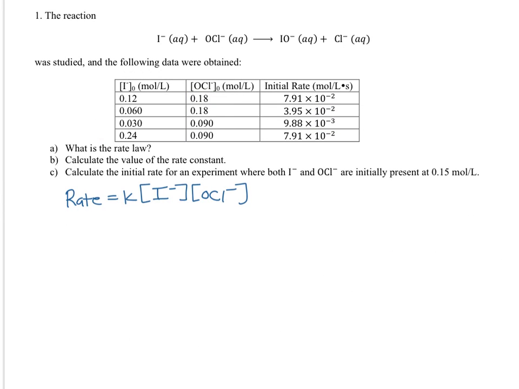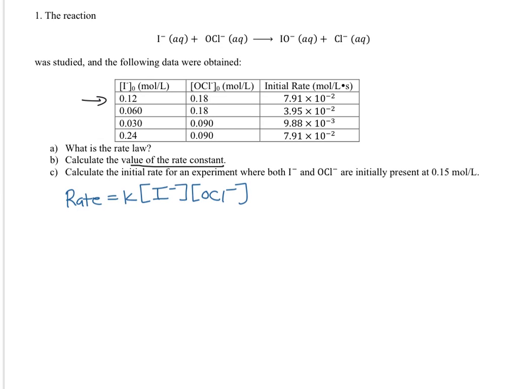Now that we know the rate law, answering the remaining questions is a piece of cake. Now we just have to find the value of the rate constant. To do that, you can pick any line of data. I like to choose the first line of data so that I don't get confused with my numbers and my eyes don't jump around.